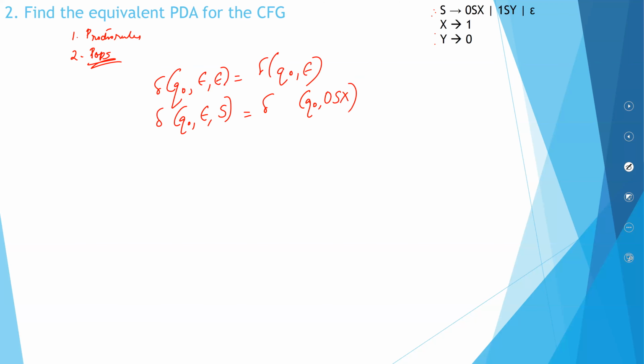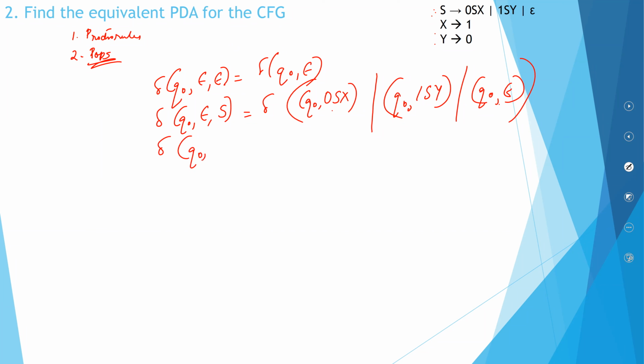But it can also be, or, just copy it as it is over there. You can either have this or the third one. Or it will be Q0 1SY. Or it will be Q0 epsilon. That's it. It can either be this or this or this. Okay. So that is my first one.